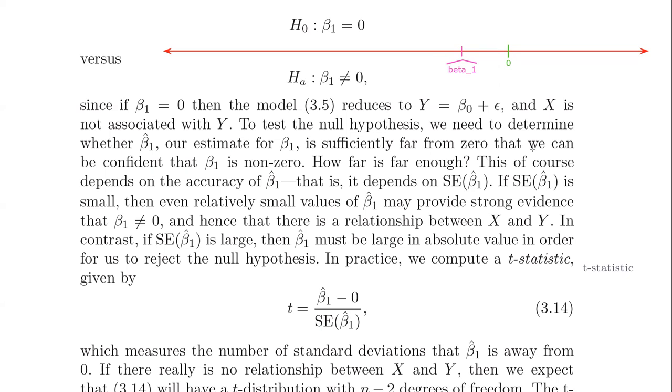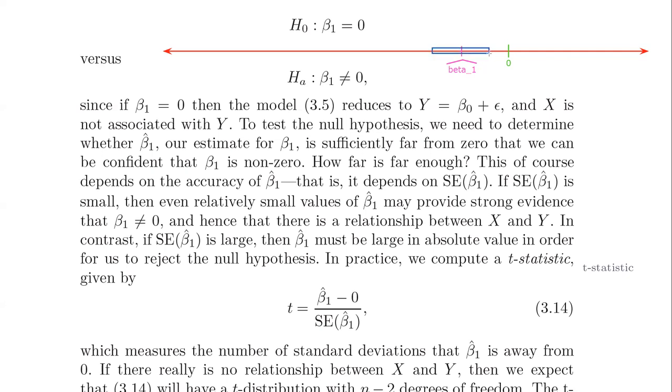Beta 1 is not 0. So there seems to be a negative relationship. As I increase x, y decreases. But that's not the full story. You also need to include the confidence interval.